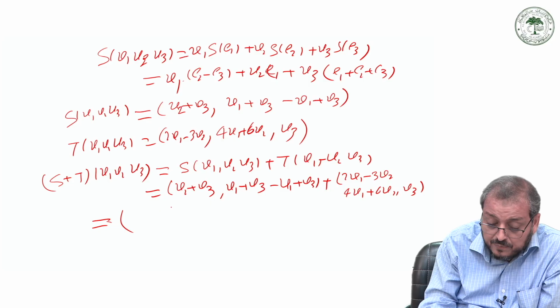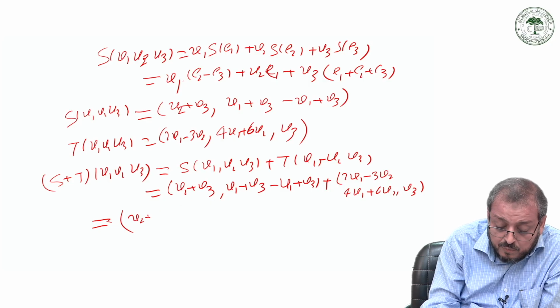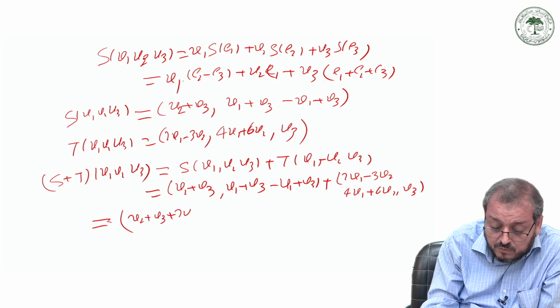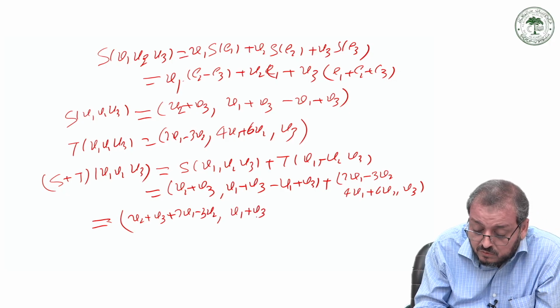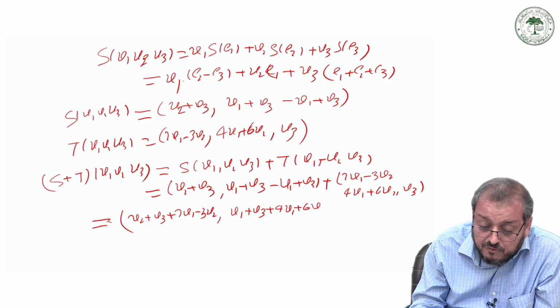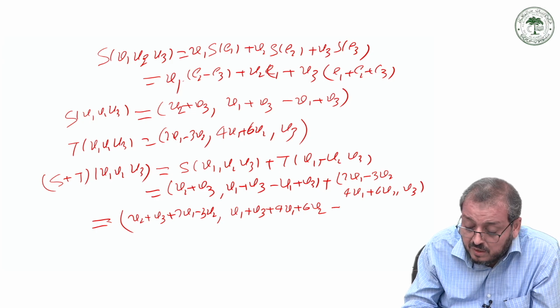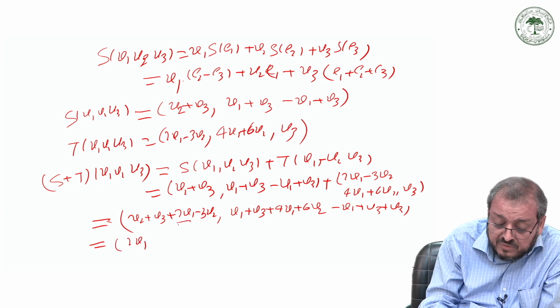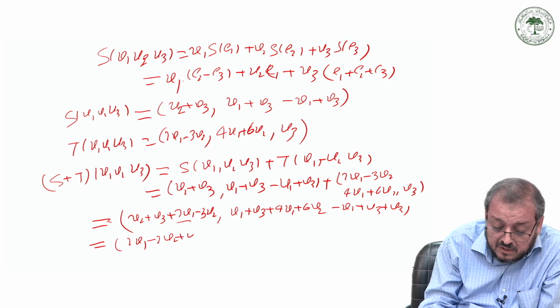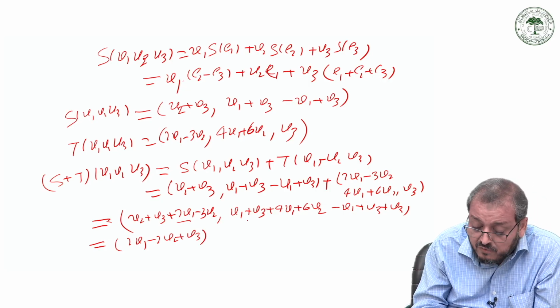So this is equal to v2 plus v3 plus 2 times of v1 minus 3 times of v2, v1 plus v3 plus 4 v1 plus 6 v2, and then minus v1 plus v3 plus v3, which is equal to 2 times of v1, and then v2, minus 2 times of v2, plus v3, and then v1.